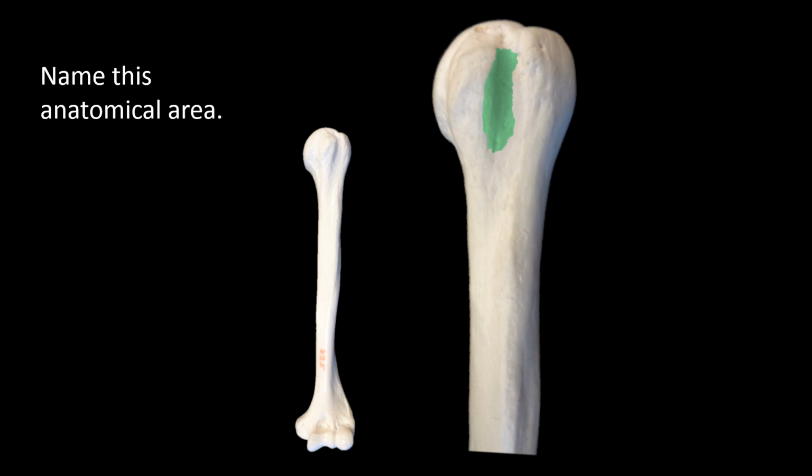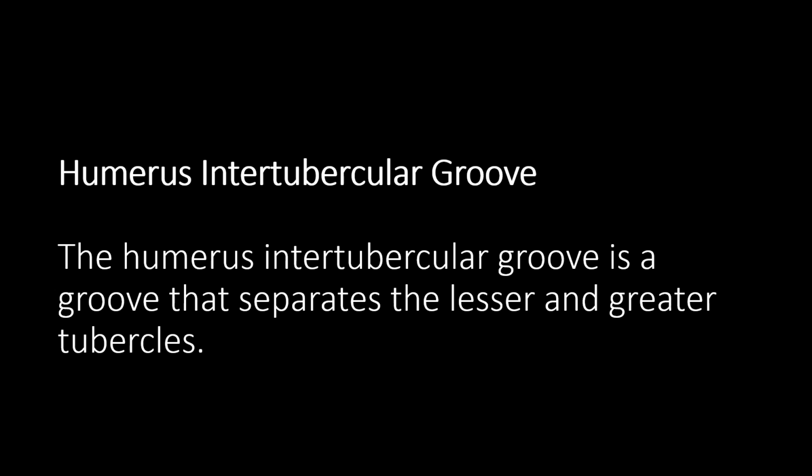Name this anatomical area. Humerus intertubercular groove. The humerus intertubercular groove is a groove that separates the lesser and greater tubercles.